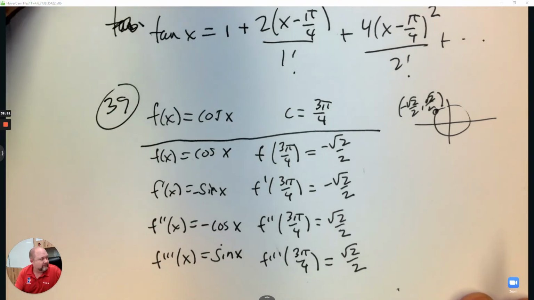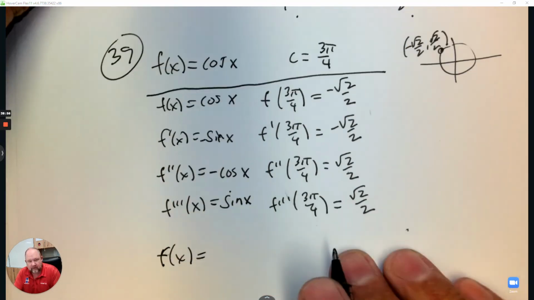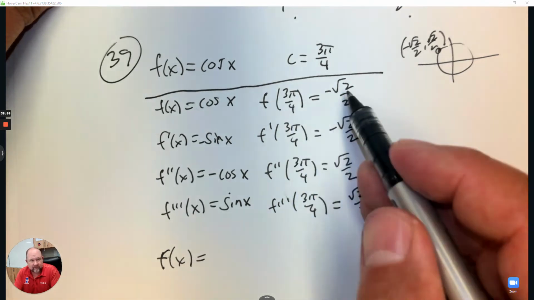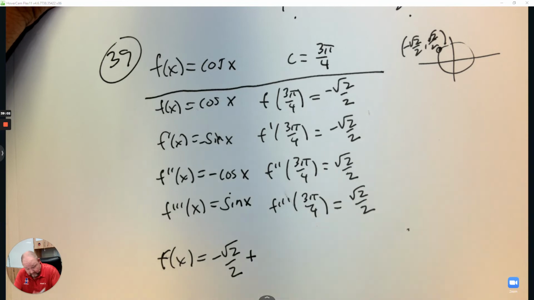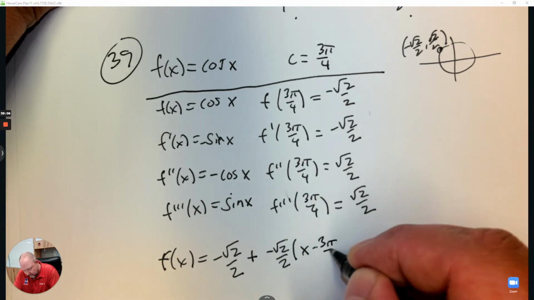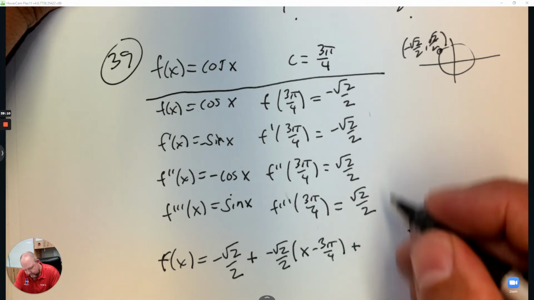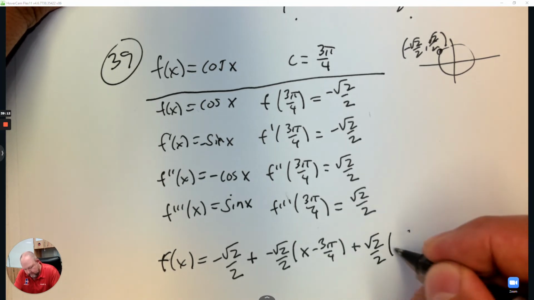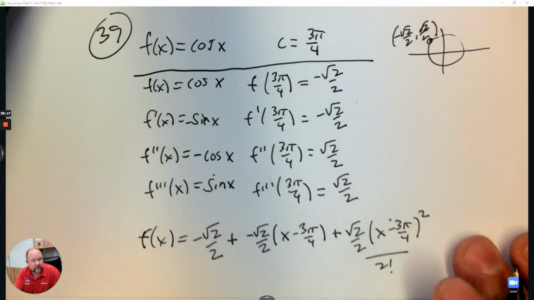And then we're going to write a polynomial for this. So f at the first one is negative root 2 over 2 plus negative root 2 over 2 x minus 3 pi over 4 over 1, which I don't need, plus root 2 over 2 x minus 3 pi over 4 to the 2 over 2 factorial.